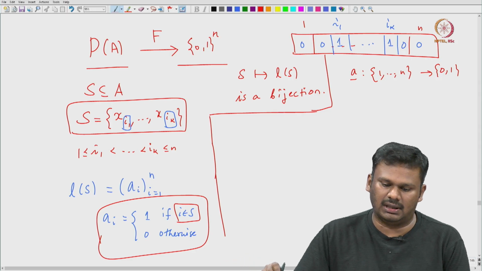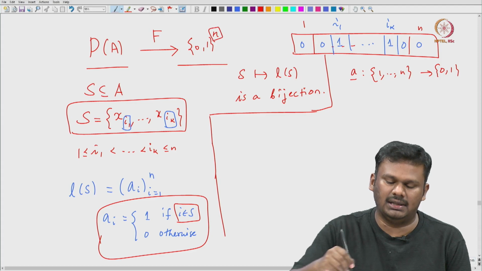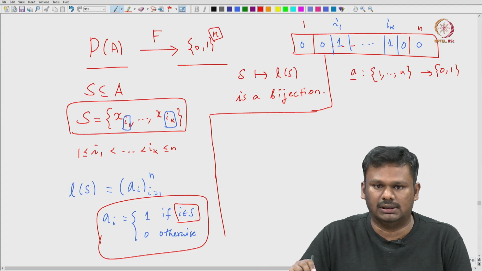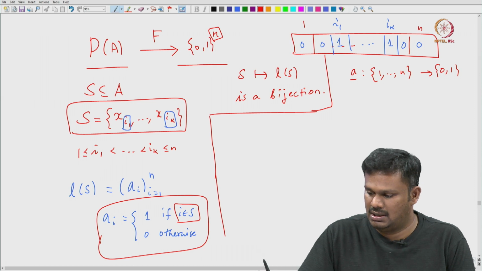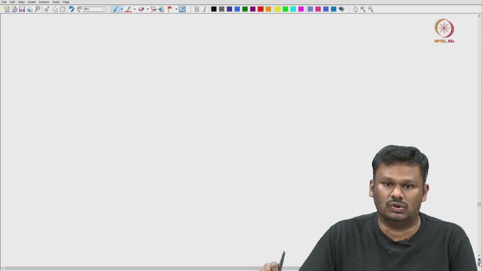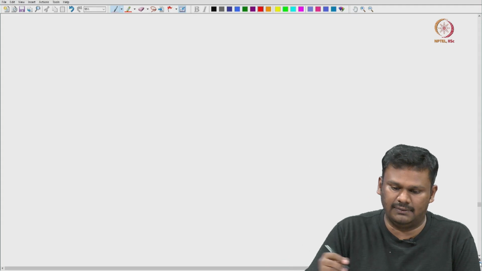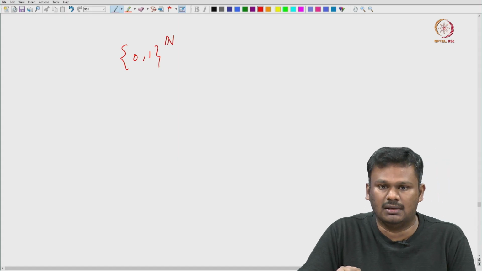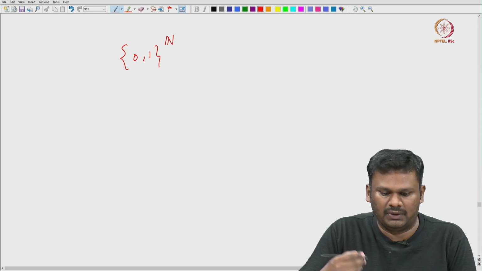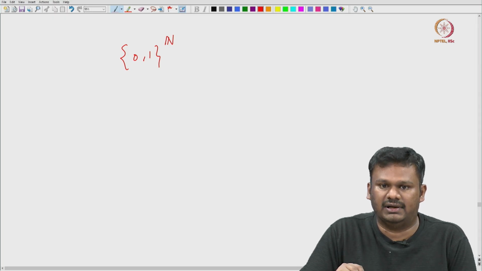So, now if we replace this n by, for example, the natural numbers, then we will be getting something better. That is where we get our first uncountable set. So, what we are going to do, we take this {0, 1}. Now, instead of taking finitely many copies of the Cartesian product of {0, 1}, we will take countably infinitely many copies of {0, 1} and their Cartesian product.